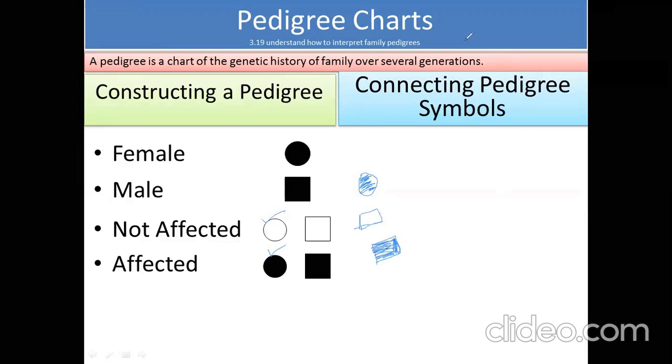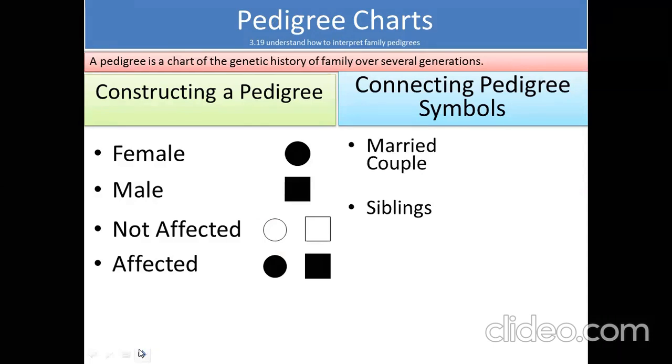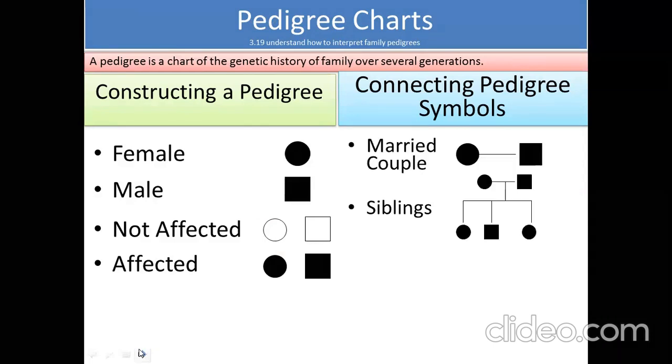Is it okay? Now let's see how we will mention these in a pedigree chart. Suppose a married couple, for example, this is male and this is female, both married. What should be the offspring or siblings? You will mention that in this way.